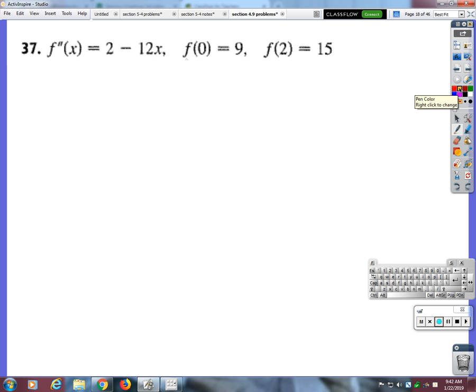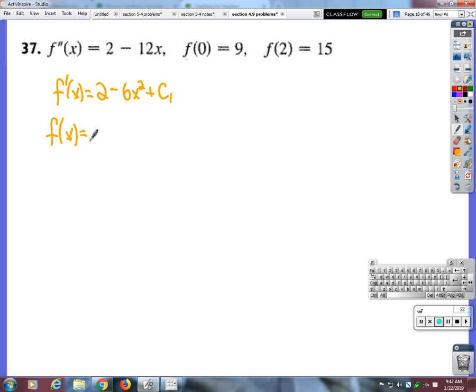All right, this one, Maddie, we have to take 2 antiderivatives. So the second derivative is that. That means the first derivative would be what? Plus c. Yeah, and in this case, since we're at a second derivative, we're going to have to use a little different notation for that.